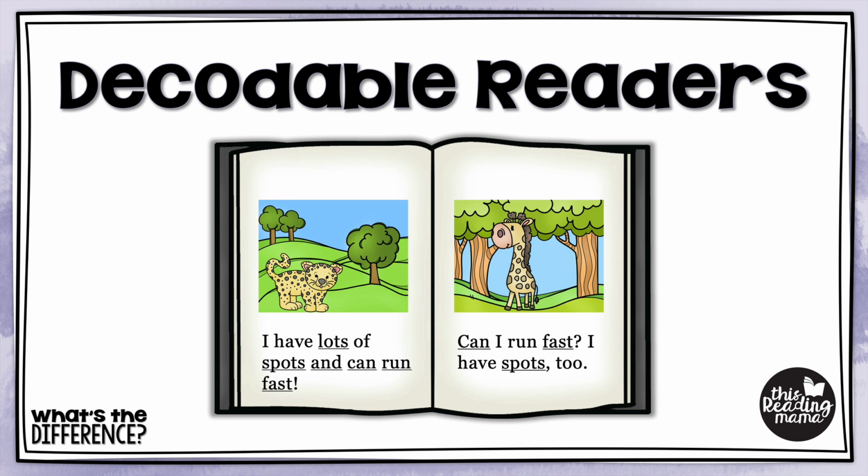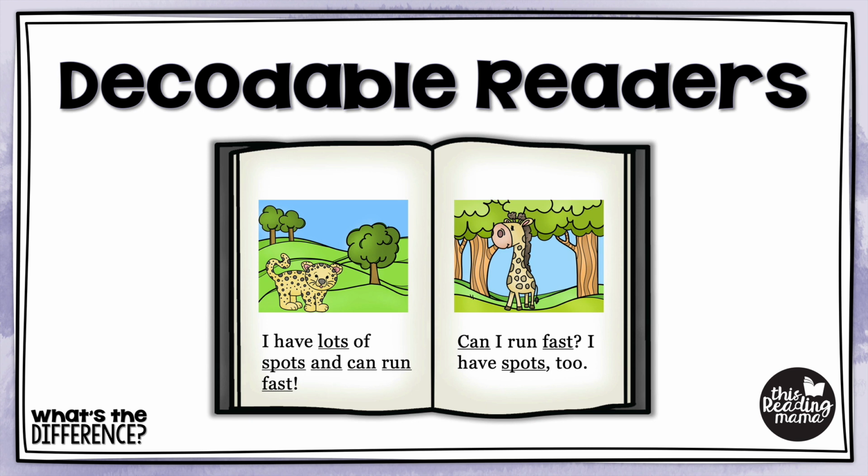We have lots, spots, and, can, run, and fast. And on that second page, I forgot to underline run. And this gives our readers plenty of practice with the phonics pattern we just taught them, which helps to keep their eyes on the words.